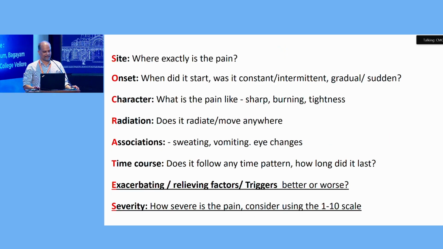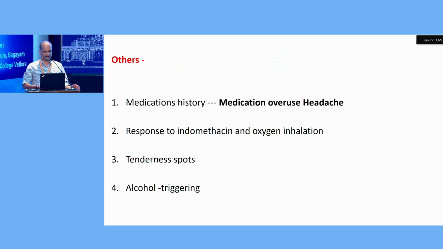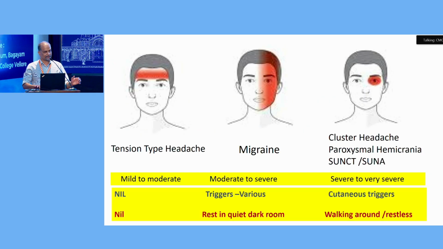And lastly, we can have exacerbating or relieving factors. In tension type headache, there's nothing to help them. Whereas in migraine, they can have various triggers which can bring about migraine, and usually they'll rest in a quiet dark room. Whereas in trigeminal autonomic cephalalgias, there can be a lot of cutaneous triggers which can trigger the headache, and they'll be very restless. So this is how you can differentiate the various types of primary headaches.